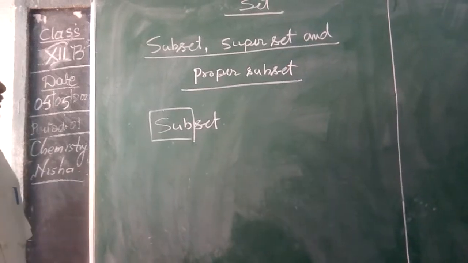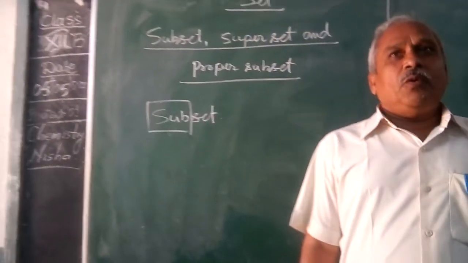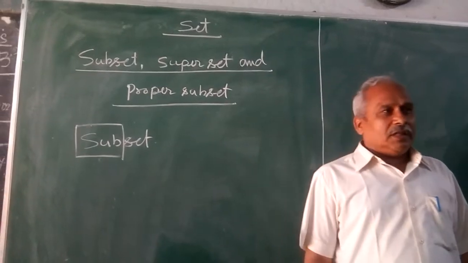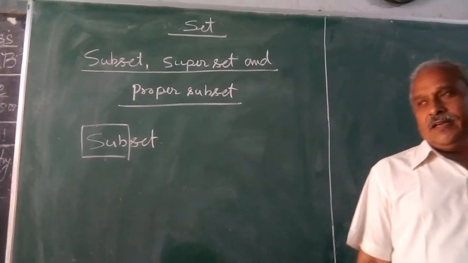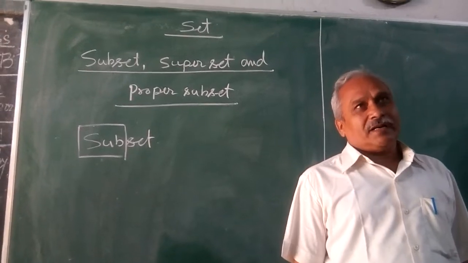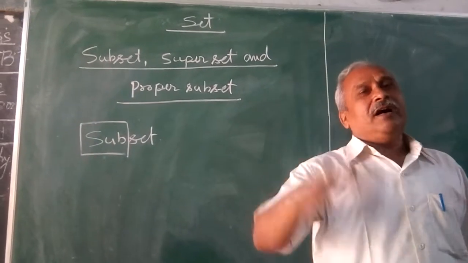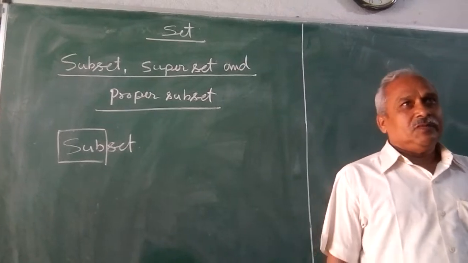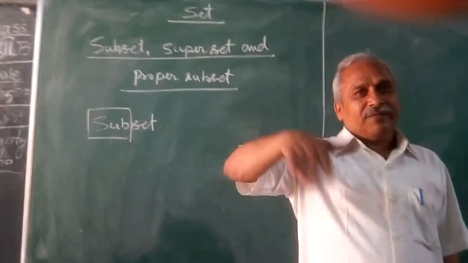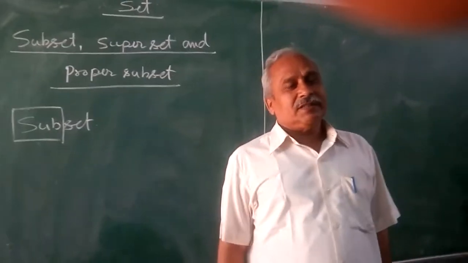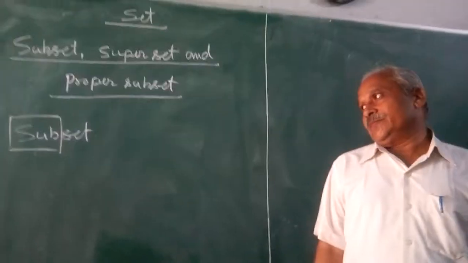And there are many other situations where we use the prefix sub, like sub-inspector, one who works under the inspector. Subdivision, a district is divided into many divisions. Those divisions are called subdivisions.